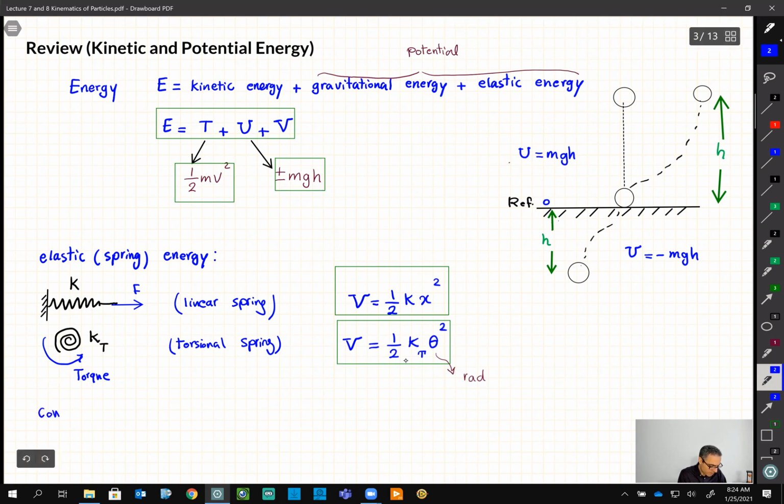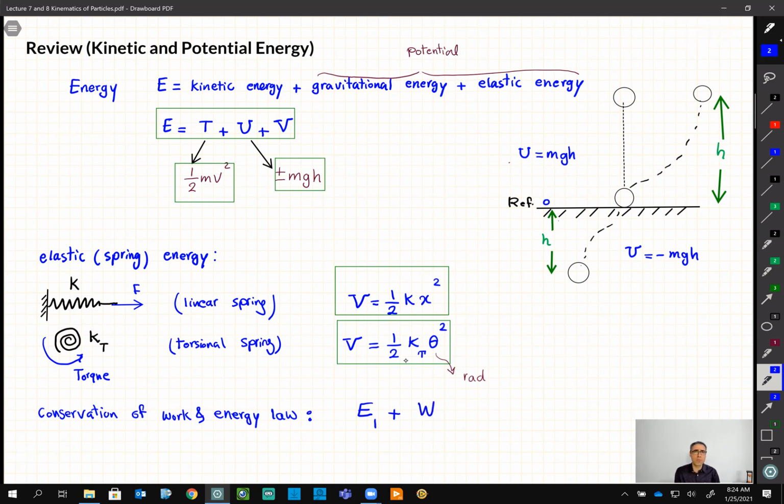We have the conservation of work and energy law, which basically says you have some energy in your system. Let's call this one E1. Then you do some work on the system, and as a result of this work, maybe you move the object from position 1 to position 2. So the amount of energy in your system is going to be E2.